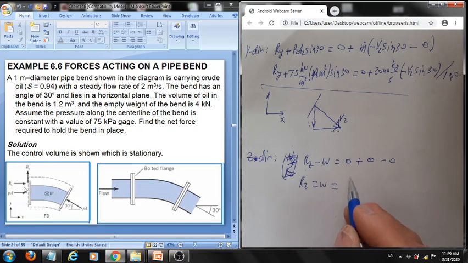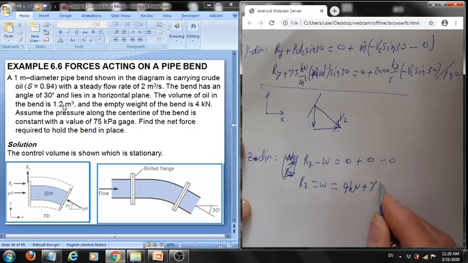The weight, remember, is given to us as the weight of the elbow, which is 4 kilonewton, plus the weight of the fluid, which is gamma times volume, whereas gamma for water is 9.81 kilonewton over cubic meter, and the volume is given to us as 1.2 cubic meter. So we end up with kilonewton, and this is the Rz.